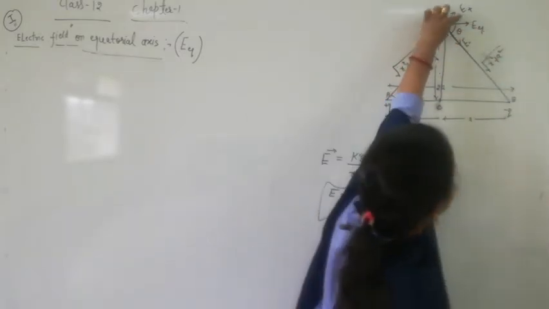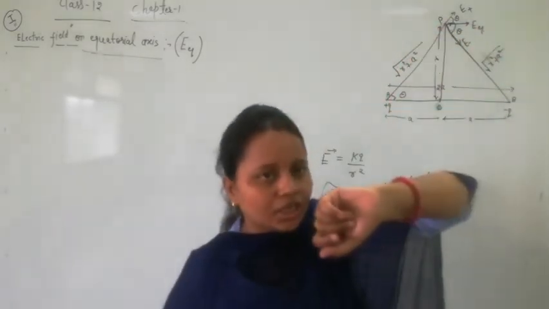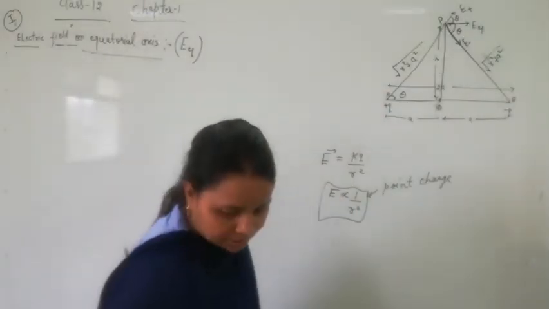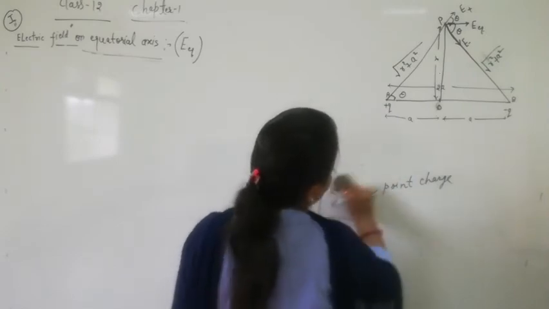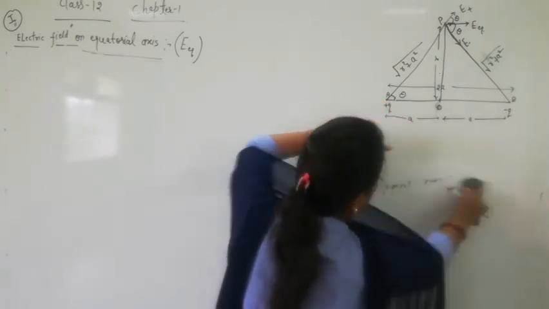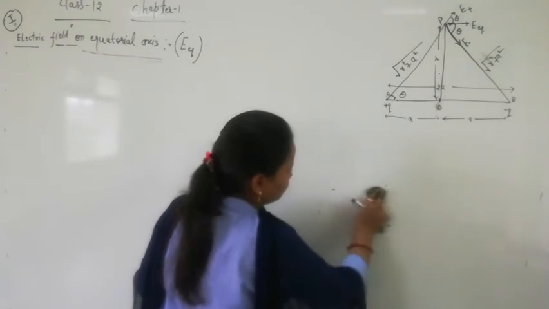Then theta is the orientation angle. Here we consider the vector concept, and in this vector concept, the right angle triangle concept is also here.